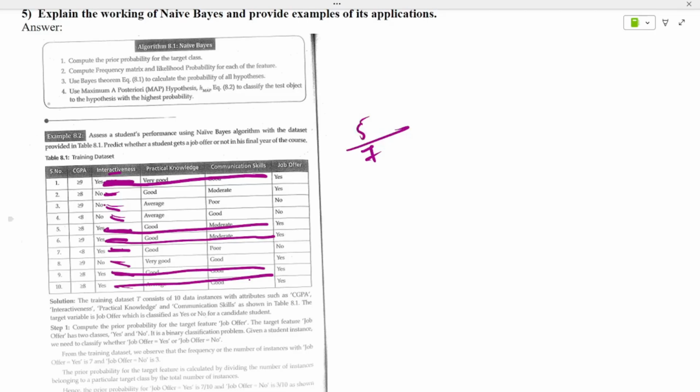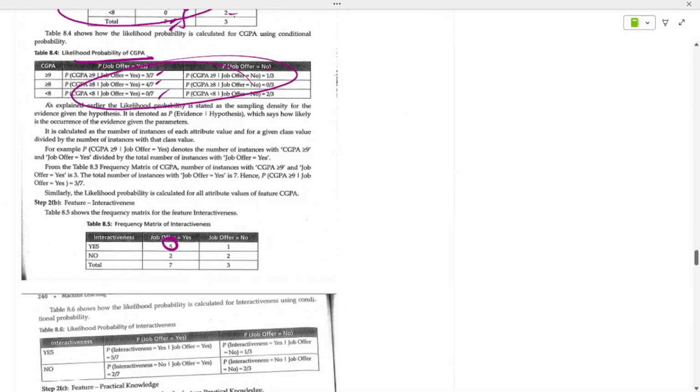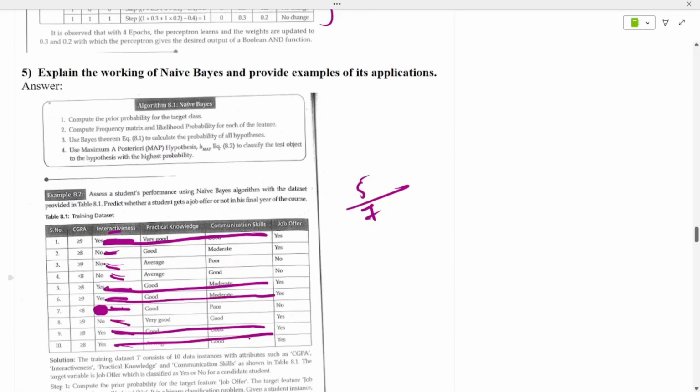Next is interactiveness yes, job offer no. Here you can see interactiveness yes and job offer no, and again where it is interactiveness yes and job offer is no. Yeah, here it is 1 only, right?